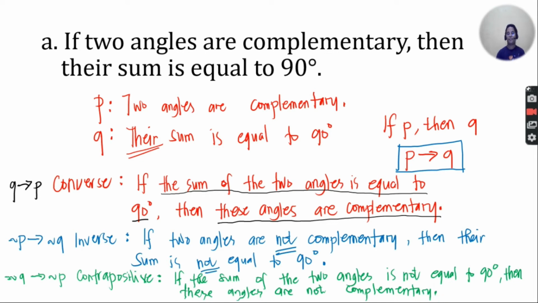So, ayan po. Meron na tayong converse, meron na tayong inverse, at meron na tayong contrapositive.